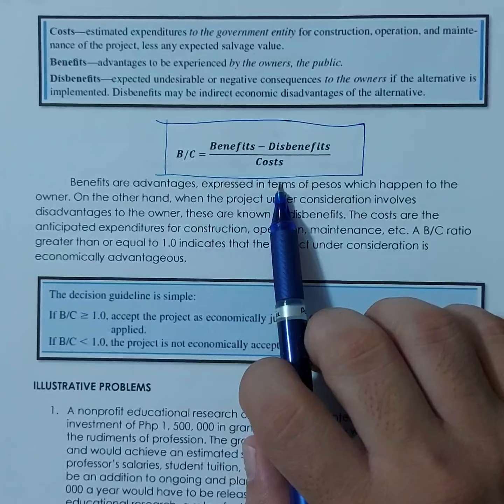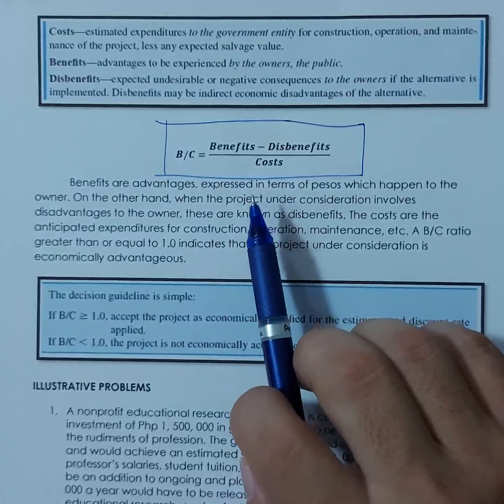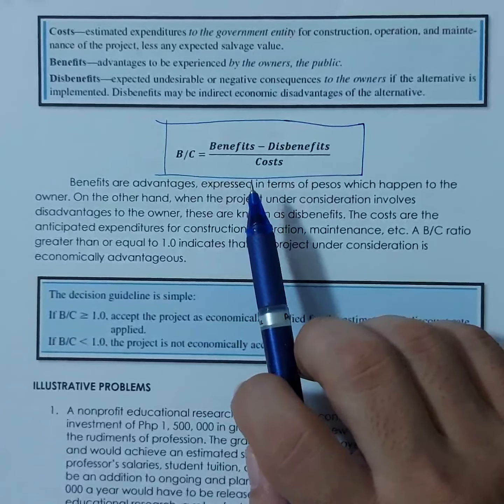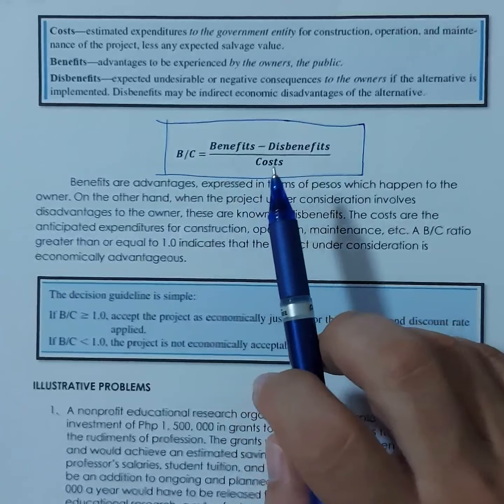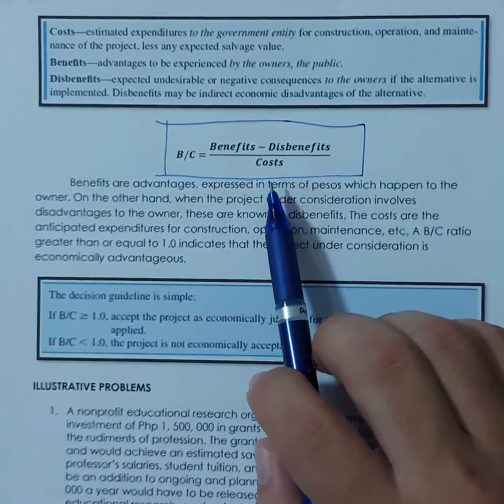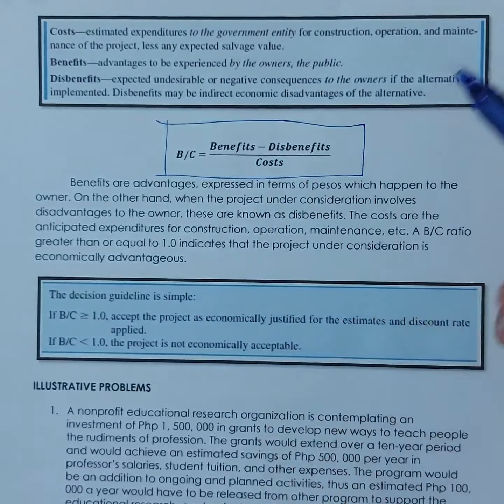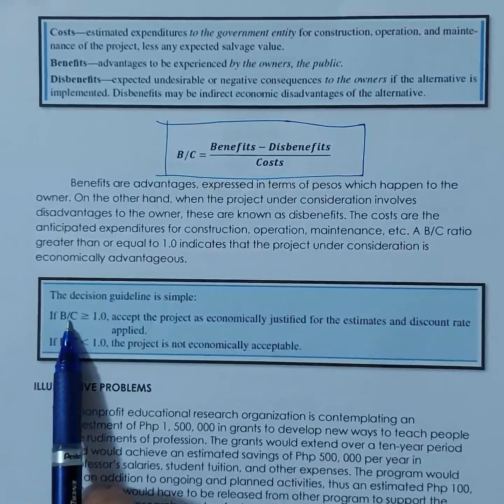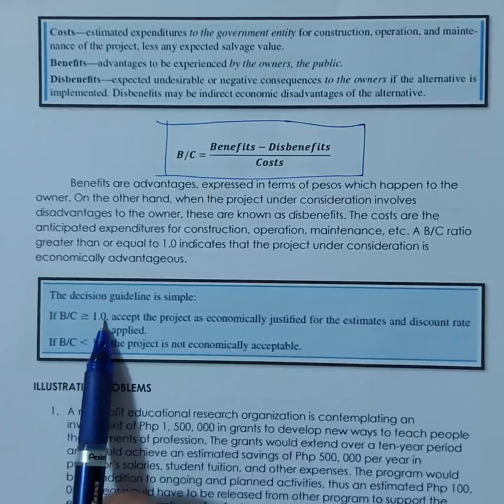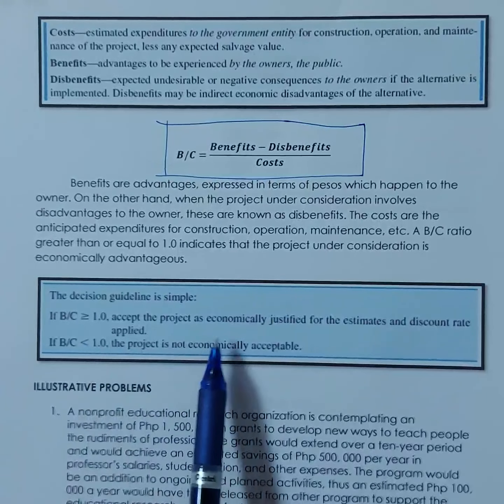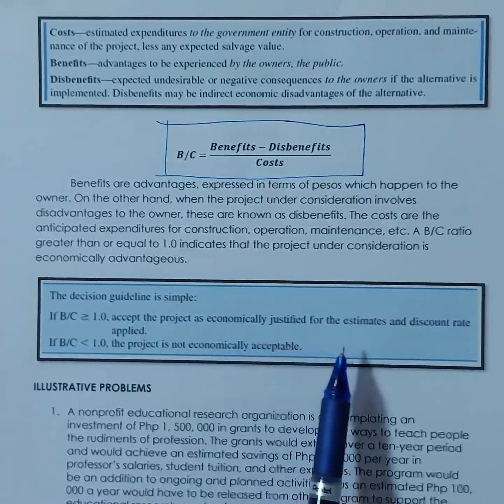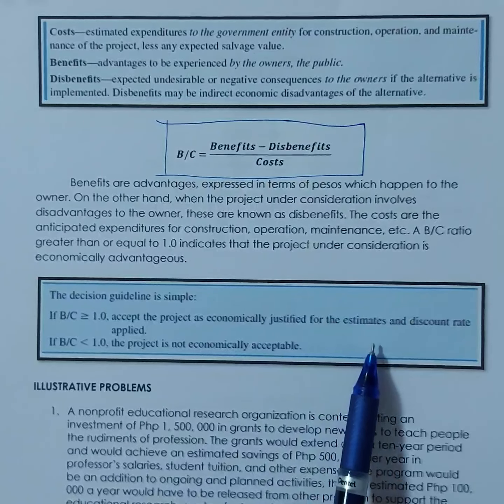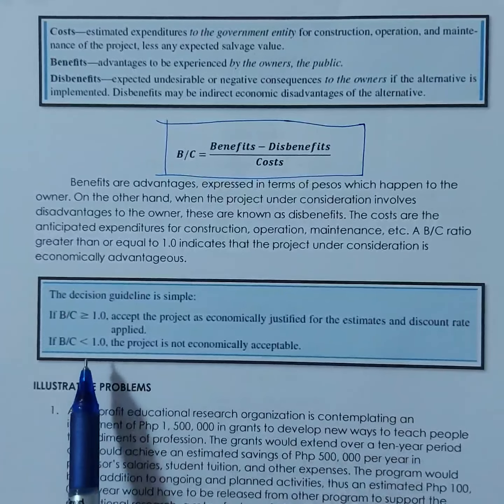Now for the project or the investment to be desirable, the benefit cost ratio should be greater than or equal to 1. Okay, so if the benefit cost ratio is greater than or equal to 1, accept the project as economically justified for the estimates and discount rate applied.